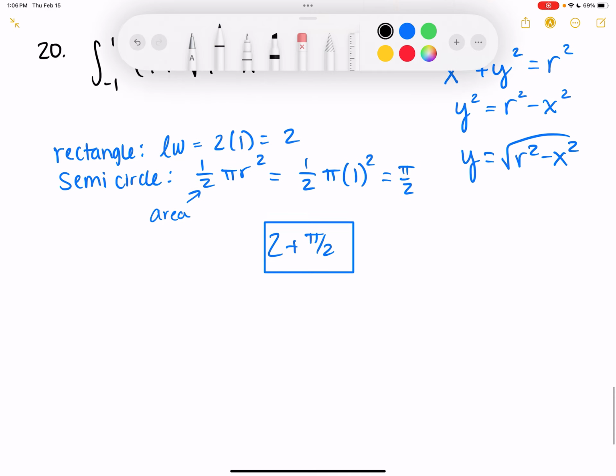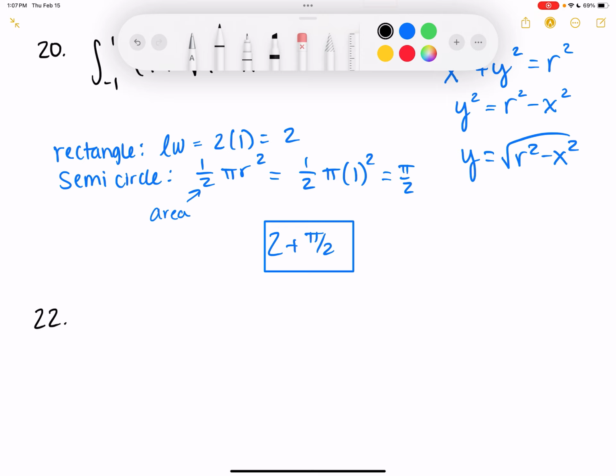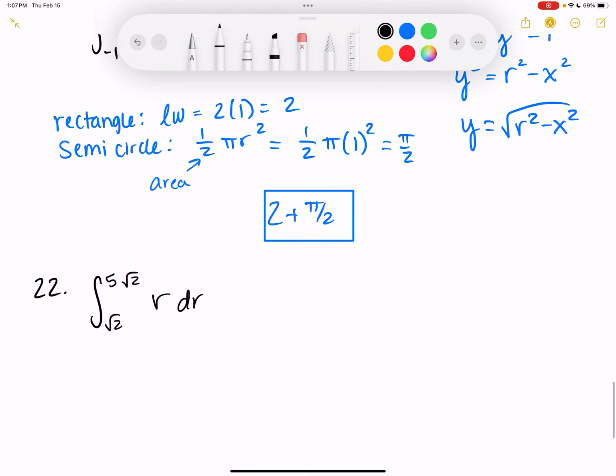Okay, 22. The integral from the square root of 2 to 5 root 2 of r dr. So I need to take the antiderivative of r, and then I'm going to evaluate from there to there.